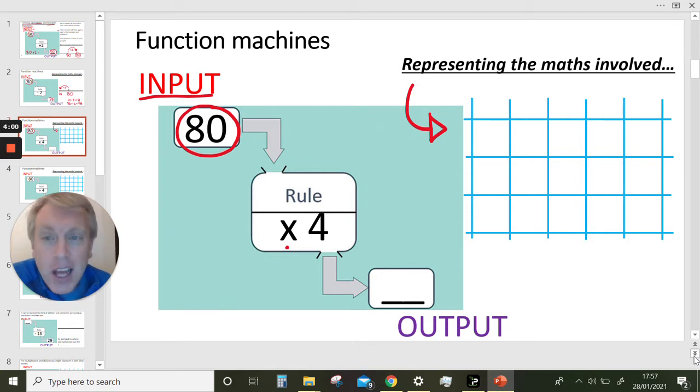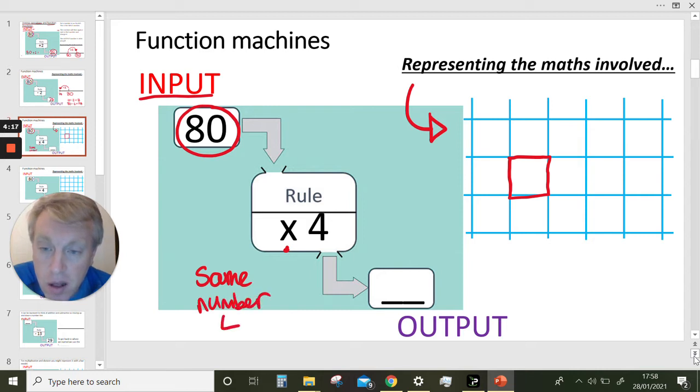Okay, right. Well, what does it mean? Our number is 80 that we start with. Input 80. Times 4 means it's the same number 4 times. We start with 80, and times means that we're going to have that same number 4 times.